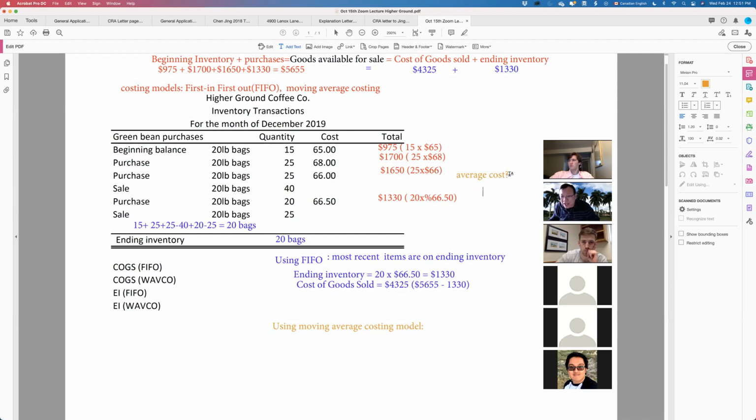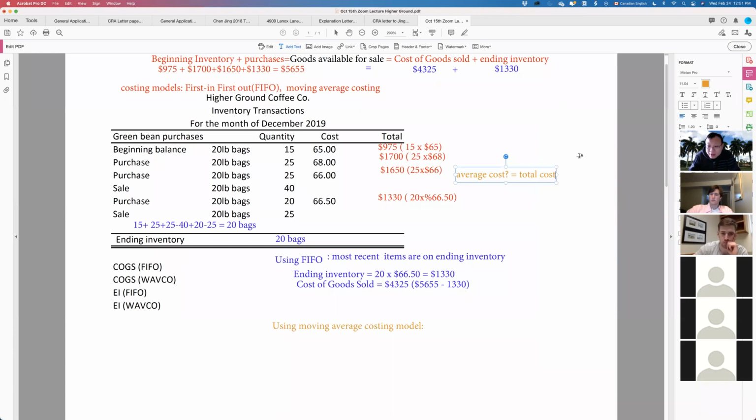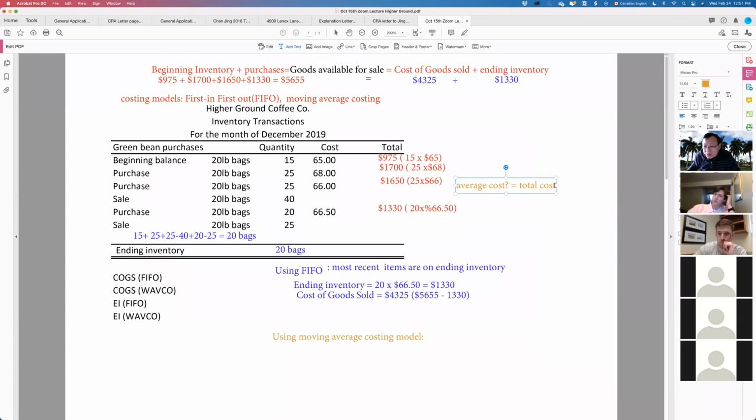How do you calculate average cost? That equals total cost divided by total quantity. I got an average cost of 66.33. Okay, you have 66.33. Yes, that looks right.